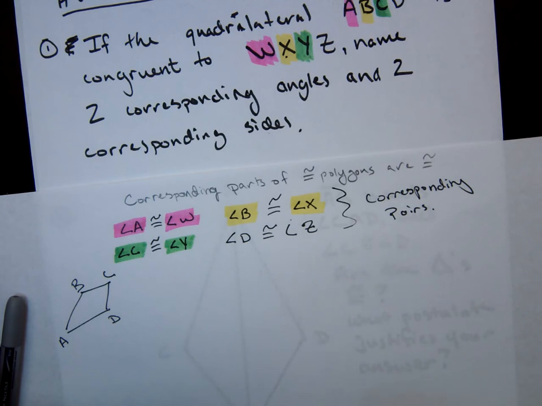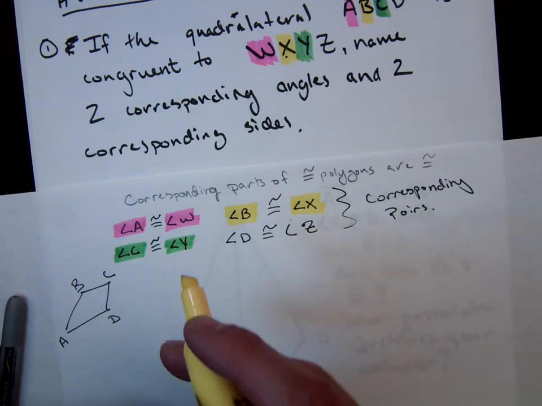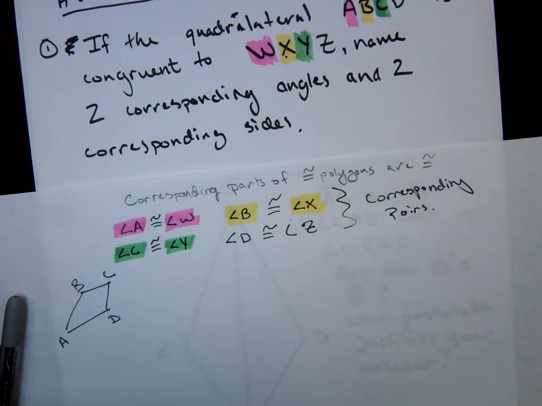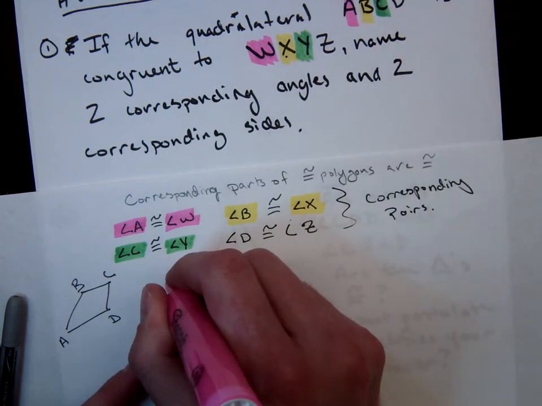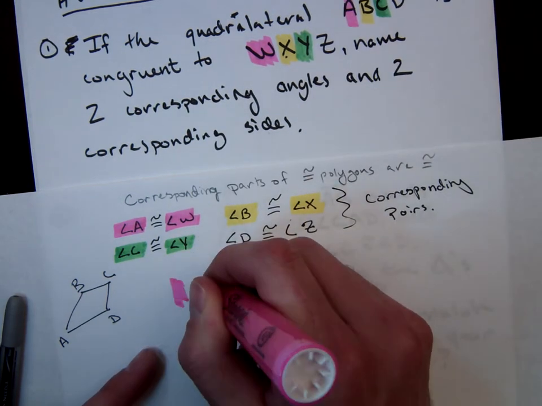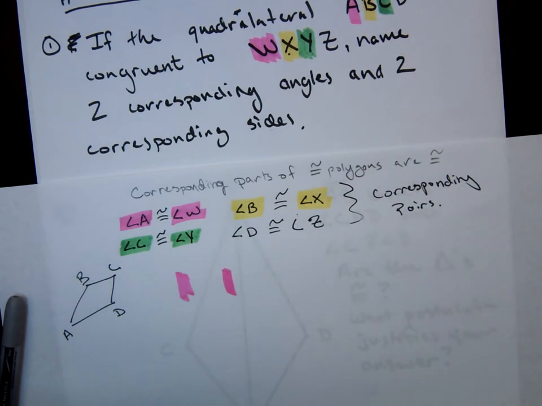So that's actually another side that we can use. Now, what I'm going to do in this case is start, and my first set of corresponding sides are going to be from pink to yellow.